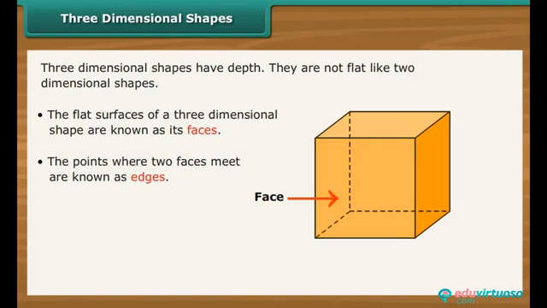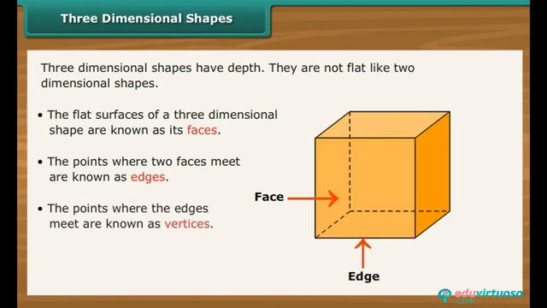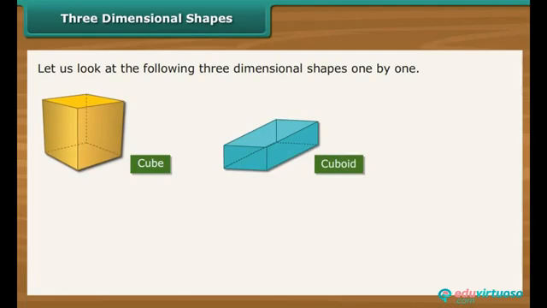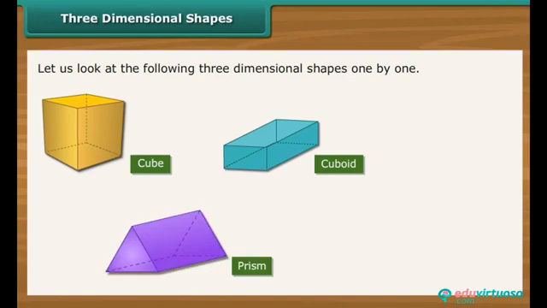The lines where two faces meet are known as edges. The points where the edges meet are known as vertices. Let us look at the following three-dimensional shapes: cube and cuboid, triangular prism, square pyramid.